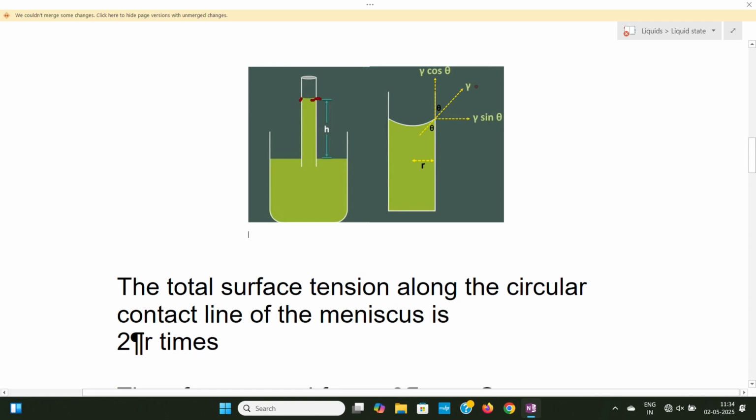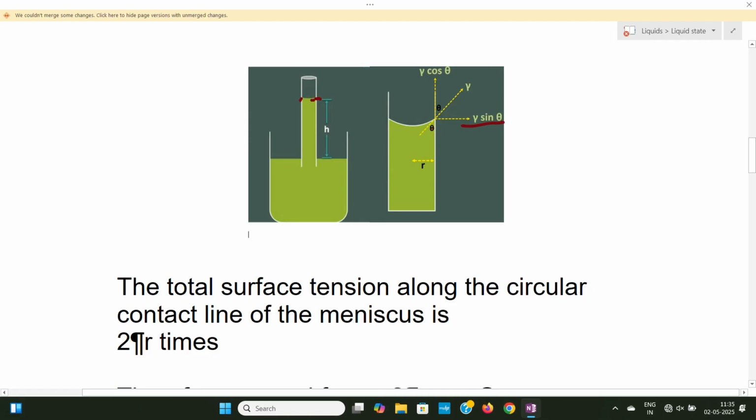And this gamma is the surface tension. If this is gamma, it has a vertical component, that is gamma cos theta, and the horizontal component, that is gamma sin theta.